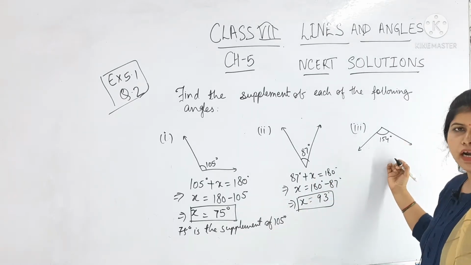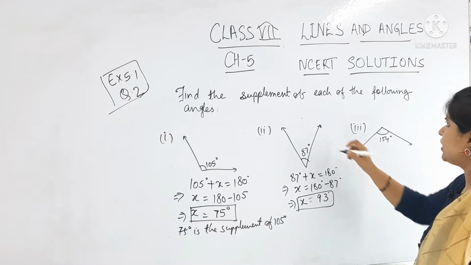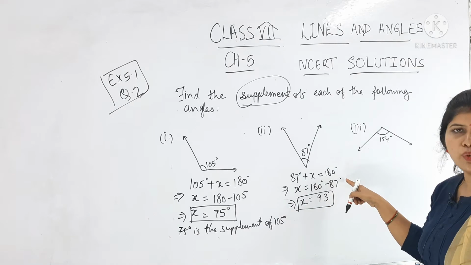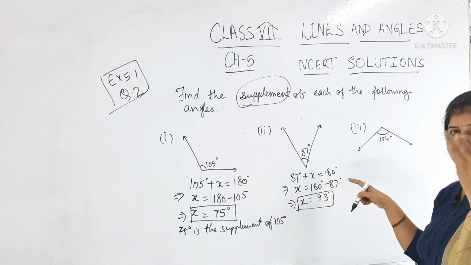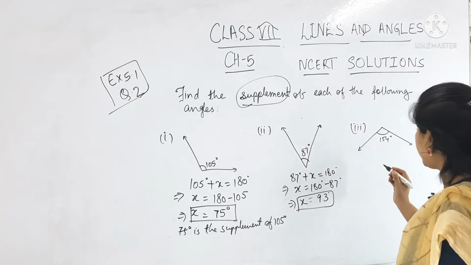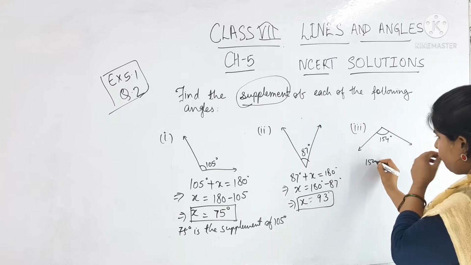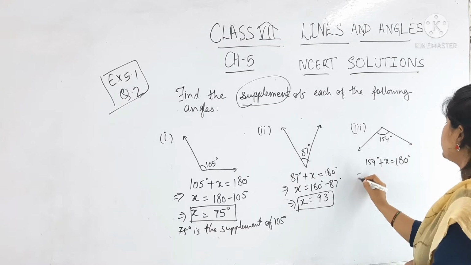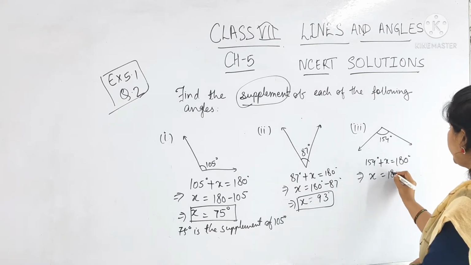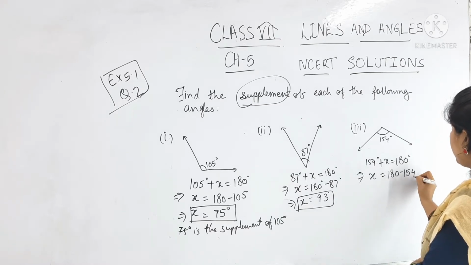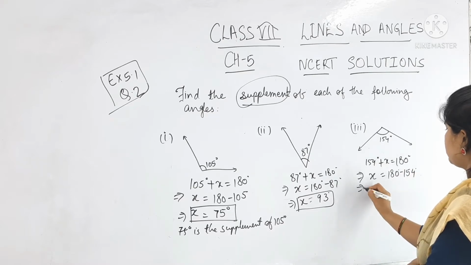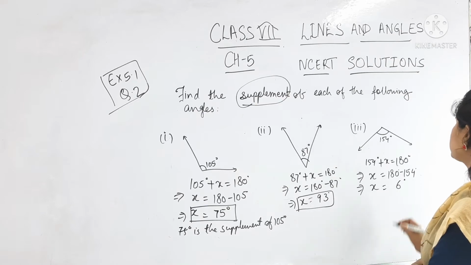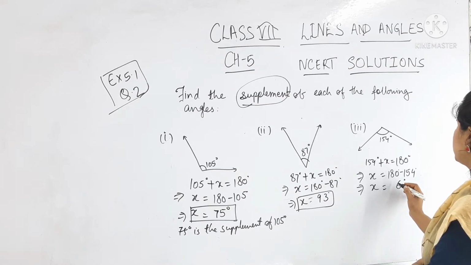Now come to the third part, that is 154 degrees. Here you have to find the supplement. For supplement the sum is 180 degrees; for complement the sum is 90 degrees. So 154 degrees plus x equal to 180 degrees. So x equal to 180 minus 154 degrees. x equal to 10 minus 4 is 6, 7 minus 5 is 2.